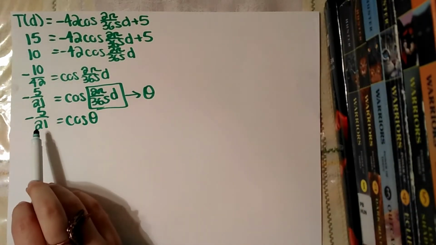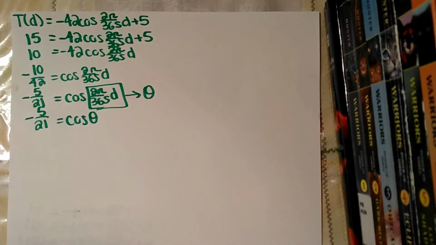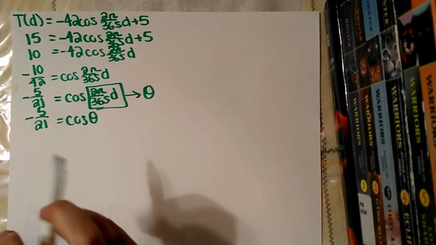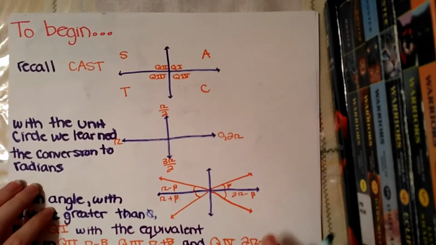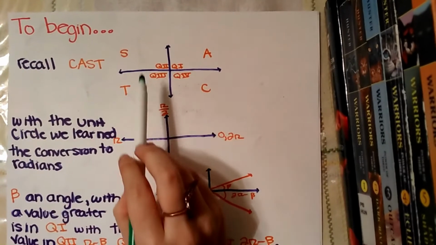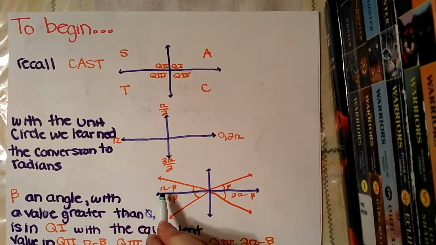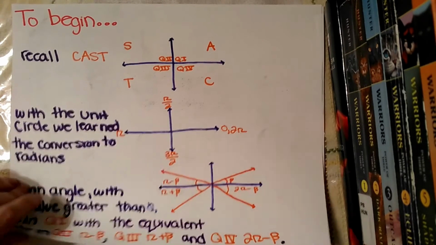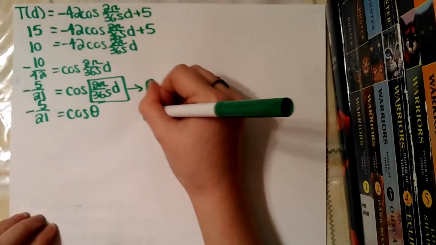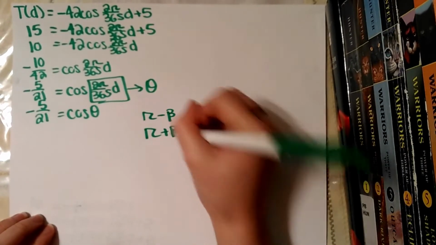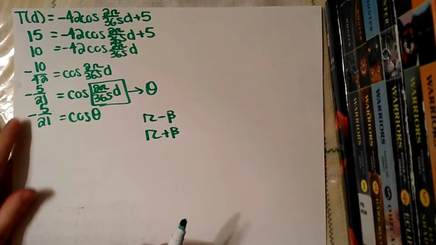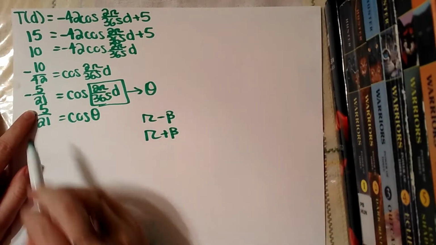Now, to solve for this, we are going to take the inverse of cos. As you can see here, the negative cos is only negative in quadrants 2 and 3, which means to get the answer, we'll have pi minus beta and pi plus beta. So what is beta? Beta is right here, 5 over 21.